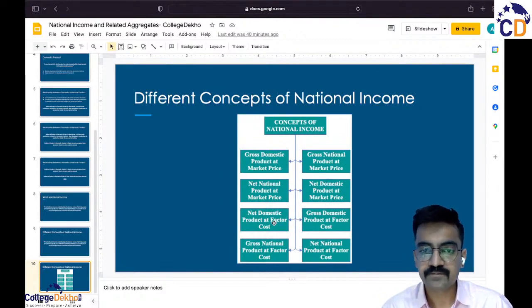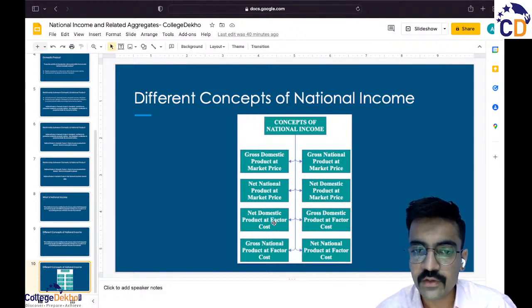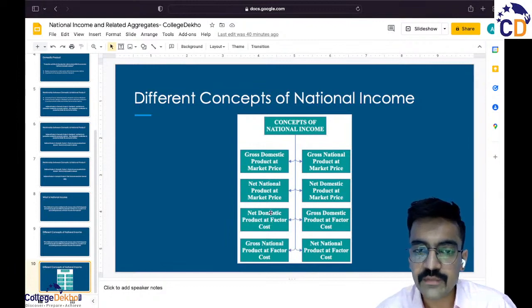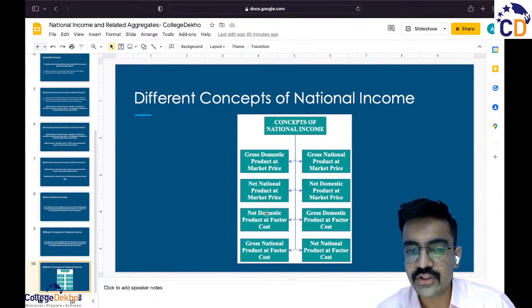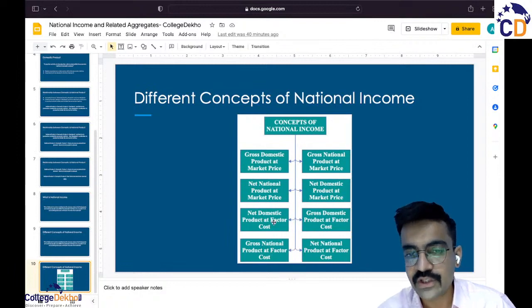And here, if you add the net factor income from abroad, in which of the terminologies does this value come? We know that it comes in the domestic and national terminology, right? So if you add NFIA, the net factor income from abroad, to the domestic value, what you will get is the national value.